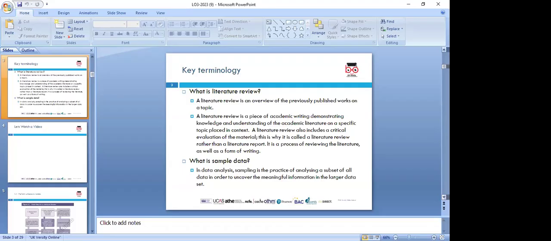So a literature review is a piece of academic writing demonstrating knowledge and understanding of academic literature on a specific topic placed in context. Stephen, you are back. A literature review also includes a critical evaluation of the material. This is why it is called a literature review rather than a literature report. It is a process of reviewing the literature as well as a form of writing.